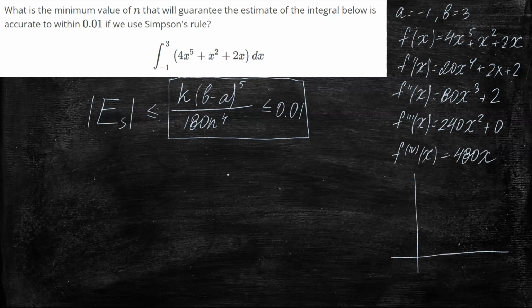And again, we got lucky. We have an increasing function that passes through the origin, so it gets its minimum value on the left and its largest value on the right at 3. So we can set k to be the fourth derivative at 3. So 480 times 3 is 1440.